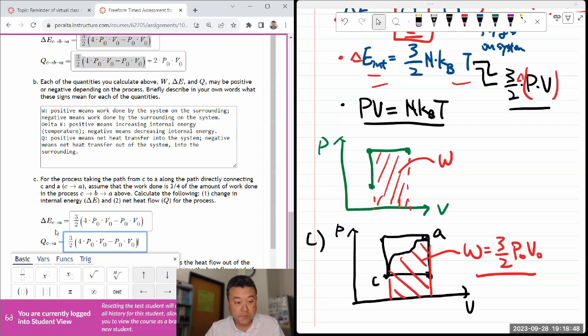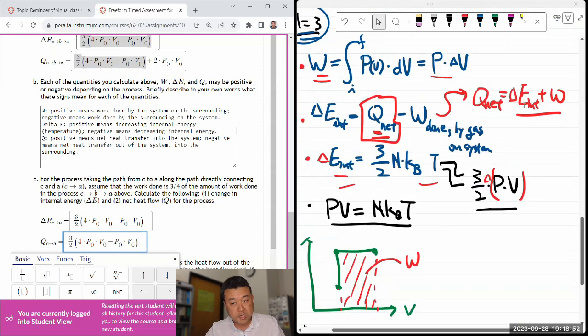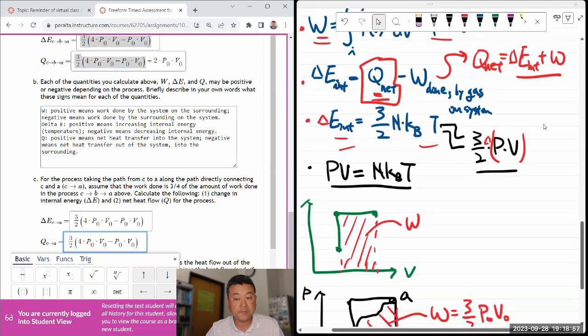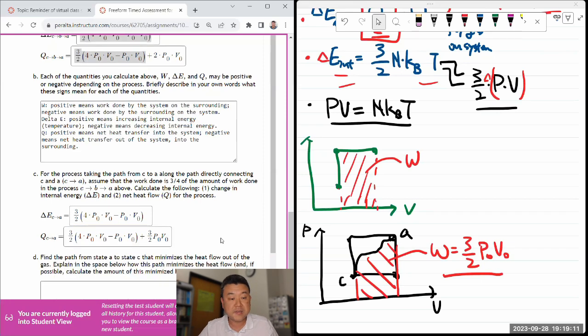For the net heat transfer, I'm using the exact same expression we derived above: the change in internal energy, which didn't change, plus the work done, which is now different. So I use that different amount of work done for the heat transfer. The amount of heat transfer is different because both the work done and heat transfer are path dependent. They are not state functions.